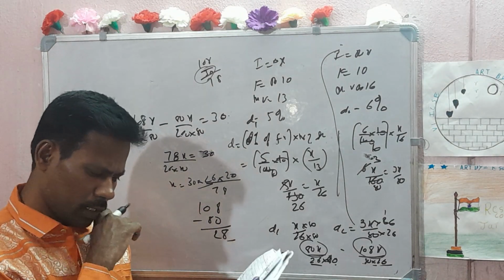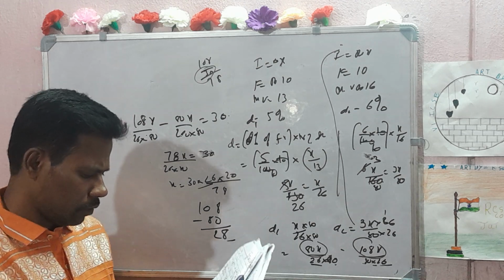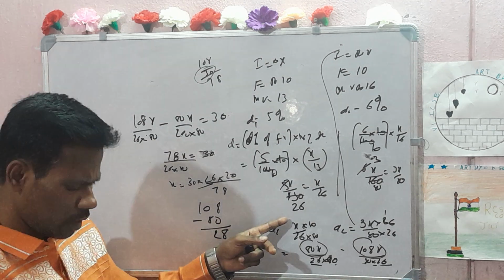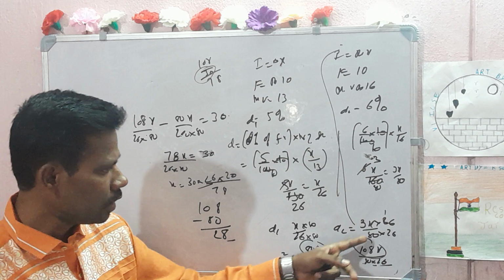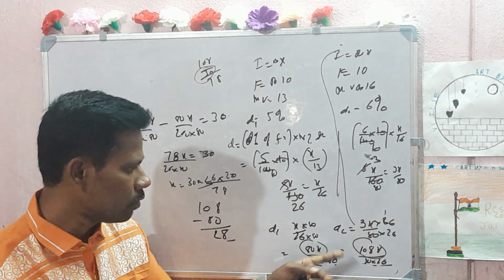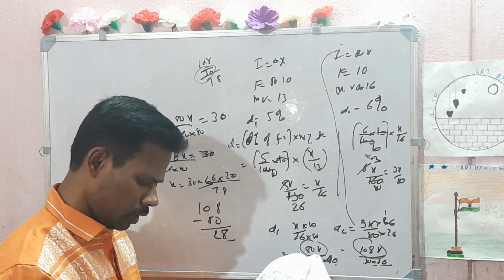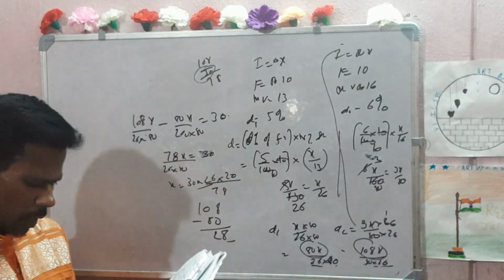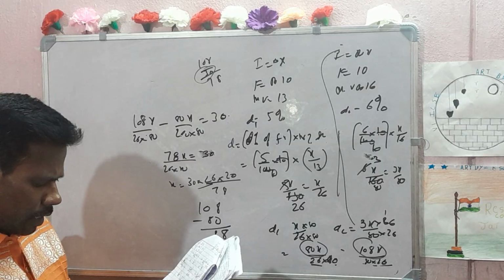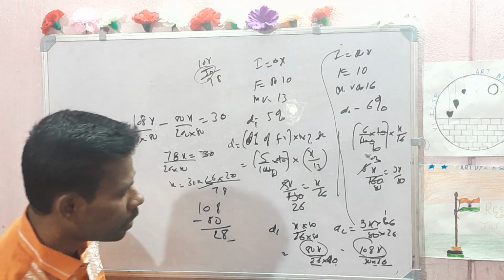So you please try to do by yourself. x by 26, that is first one. 3x by 80. Just I am checking whether we are doing correct or not. 80x and 78x. That is 26 into 3.